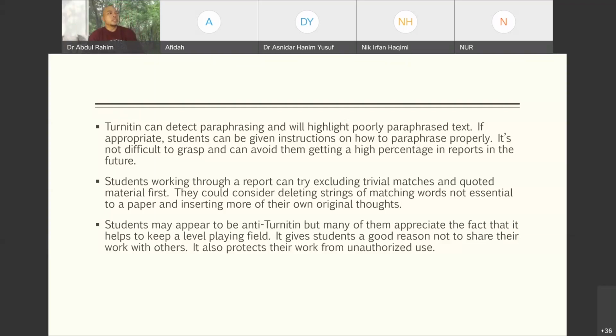Okay, a student working through a report can try excluding trivial matches and quoted material first. They could consider deleting strings of matching words not essential to the paper and inserting more of their own original thoughts. Okay, so that is an important way too.